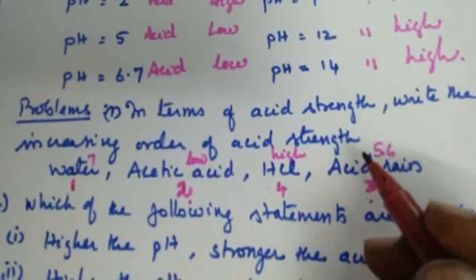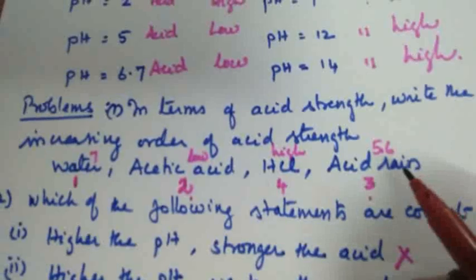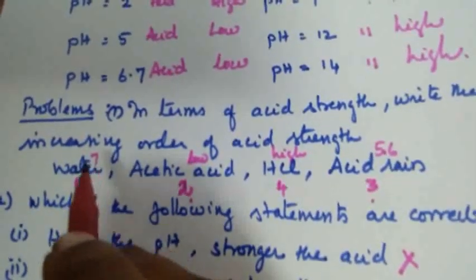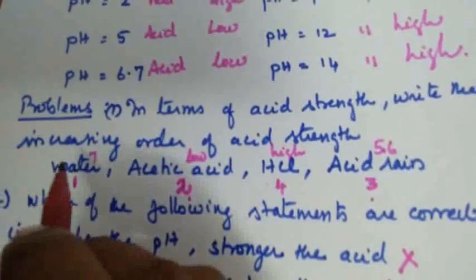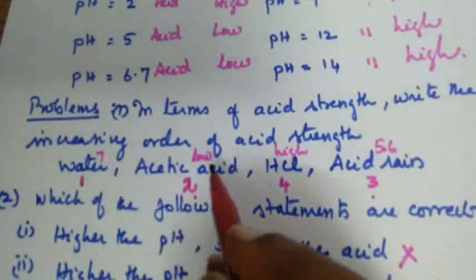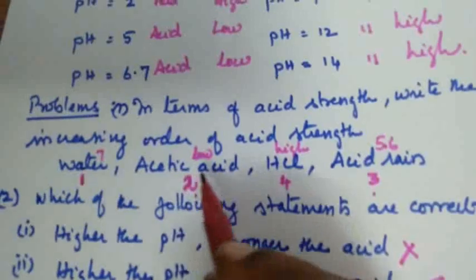Now we can arrange them in increasing order. The lowest acid strength will be at pH 7. Higher the pH value, lower the acid strength. So water takes the first position. Second, we have the weak acid, acetic acid, whose pH value will be around 6 to 7.